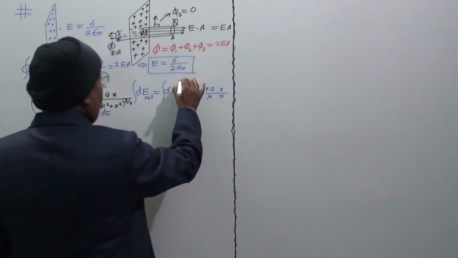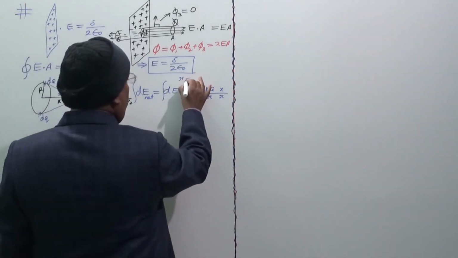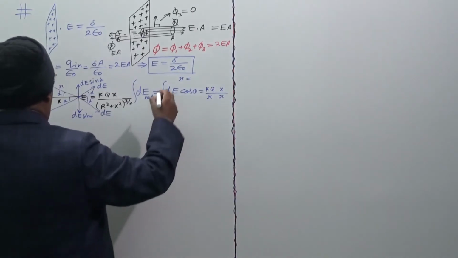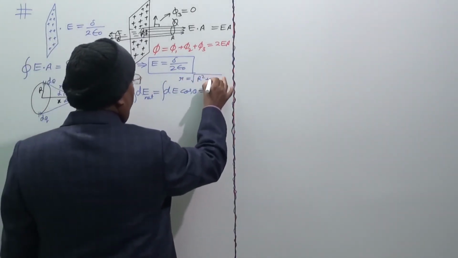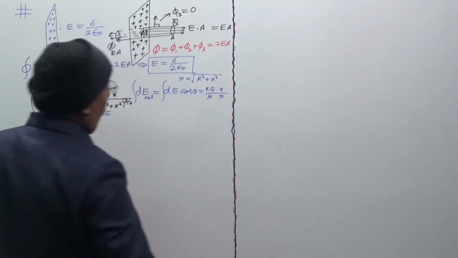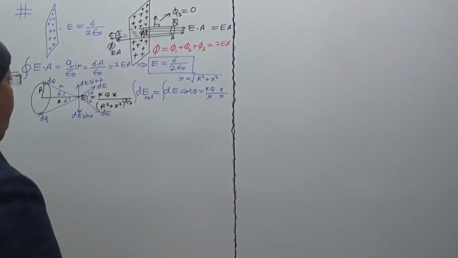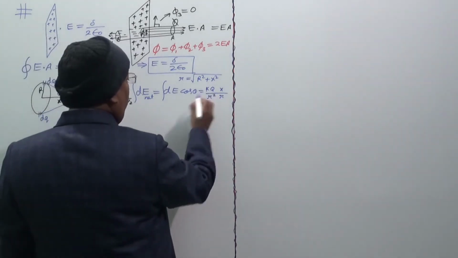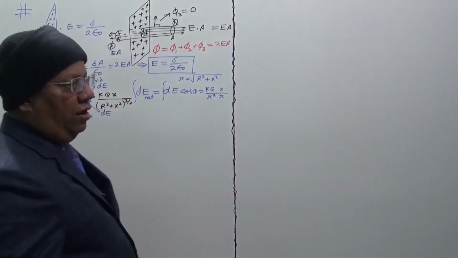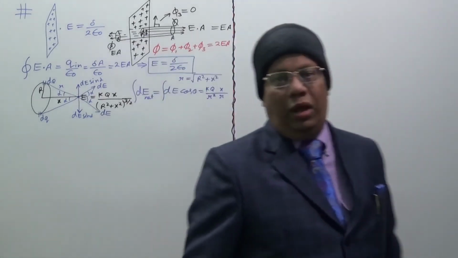R can be written as under root R square plus X square. Electric field formula is KQ upon R square.